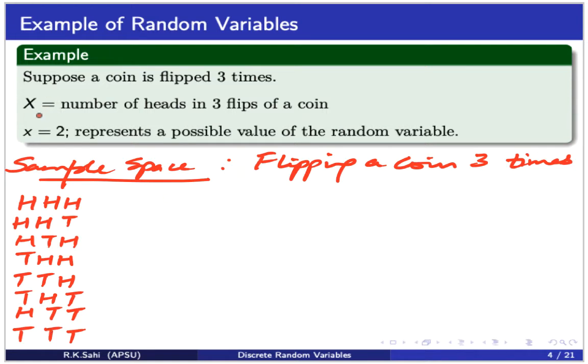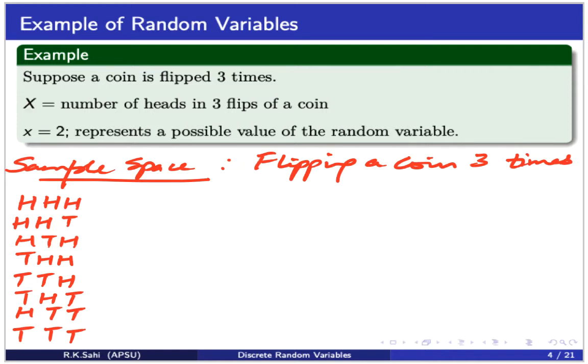Let's pick up a variable. A variable is a characteristic, and we're going to pick a random variable. The reason it is a random variable is that when you flip a coin, you may or may not get a head. That's the randomness you're getting.